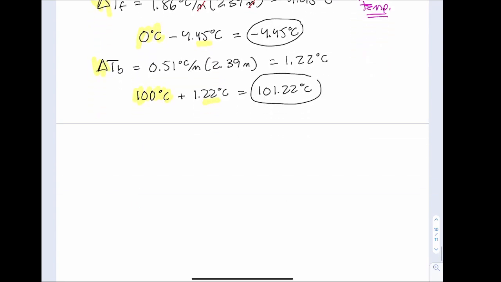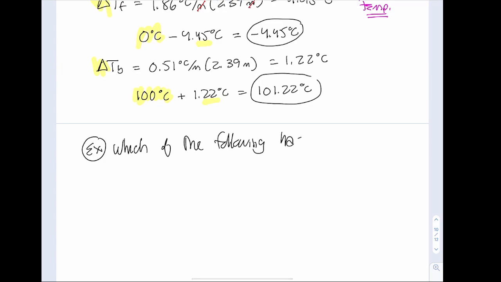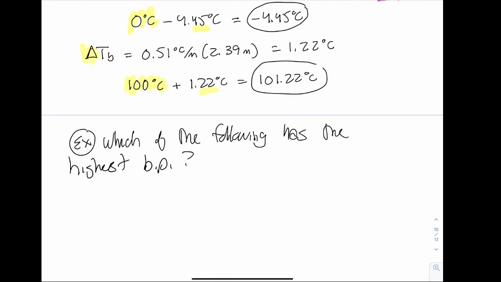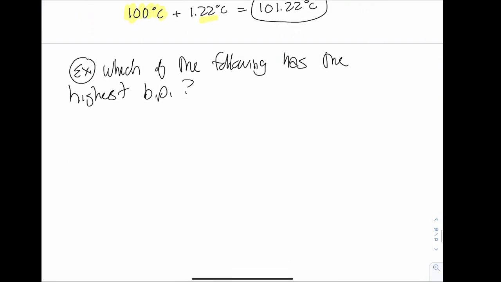So I had said I would kind of look at this in passing. So we want to know which of the following has, let's do the highest boiling point. And we're just going to do it kind of conceptually.